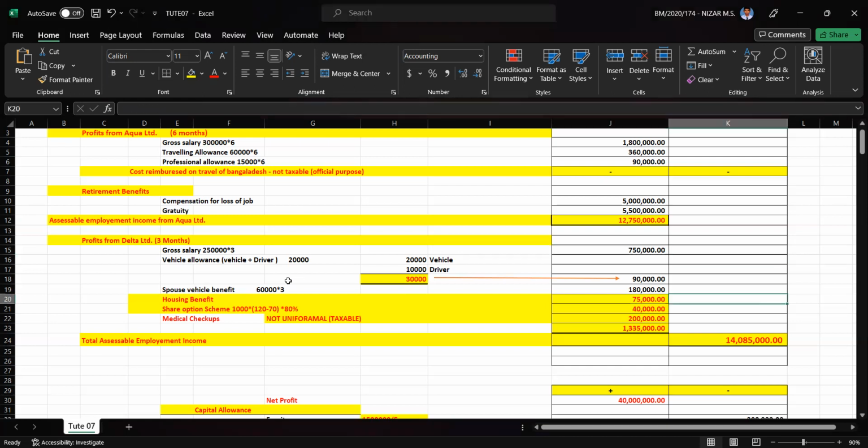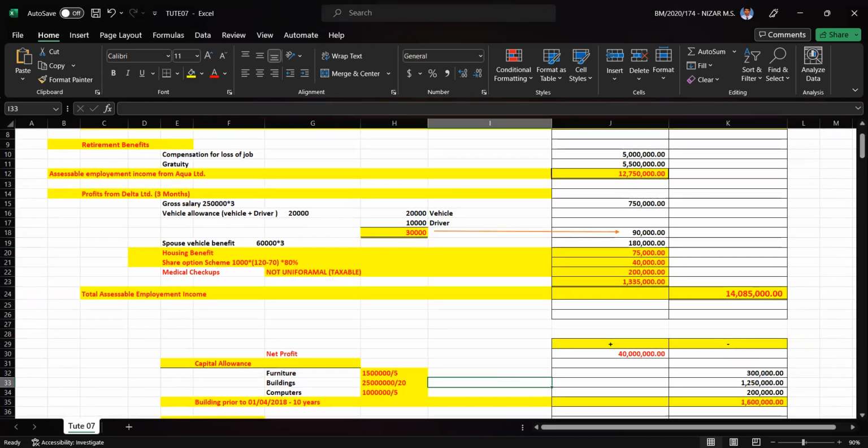The vehicle allowance: he is given a vehicle plus a driver. The non-cash benefit per month is 20,000 for the vehicle and 10,000 for the driver. Altogether that is 30,000, and 30,000 multiplied by 3 is 90,000. Spouse of Sandun vehicle allowance, 60,000 per month, 60,000 times 3, it is 180,000.